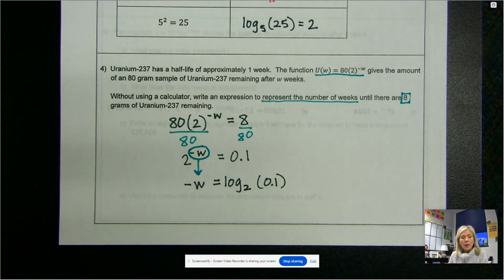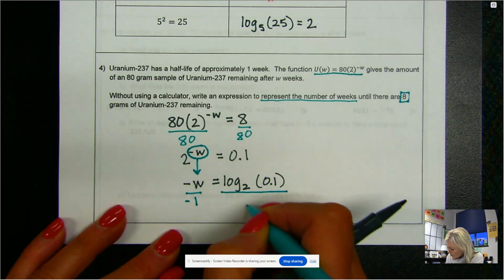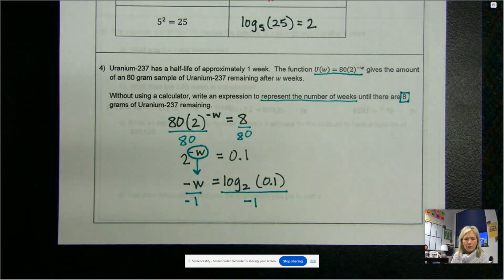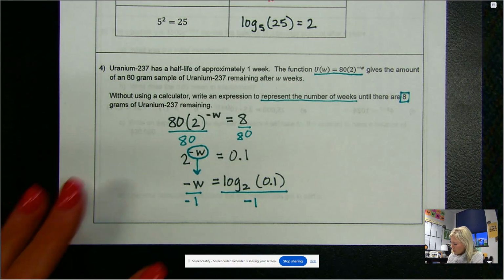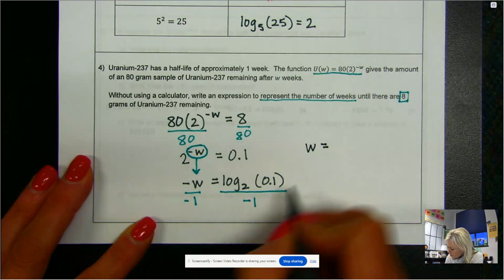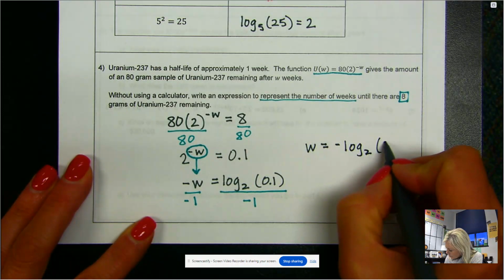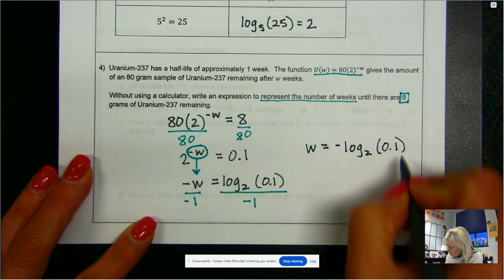So this would be the answer if this was positive w, but it's negative w. And so we have to get rid of the negative over here. And when we divide both sides by -1, it literally makes the w positive and the log base 2 of 0.1 negative. And that's the answer.